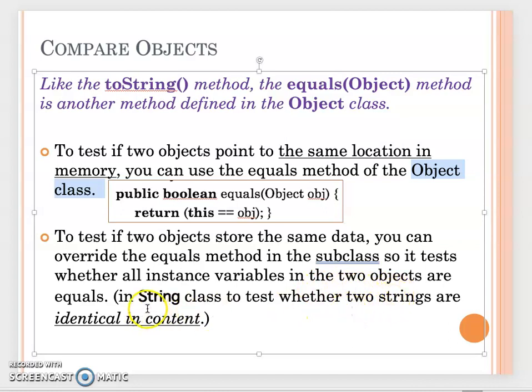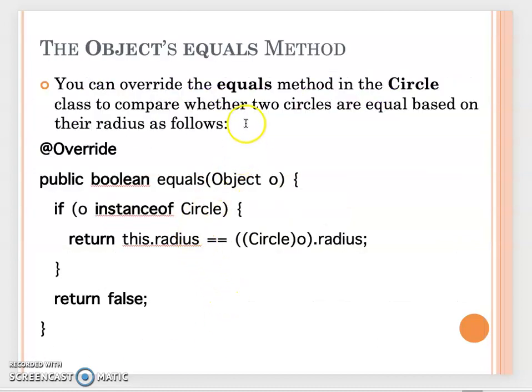Like earlier with the String class, the equals method tests whether they have identical content or not. So in our Account class, we need to override the equals method, and then we just compare the account ID. So here, we will see how the circle class first, we see here.